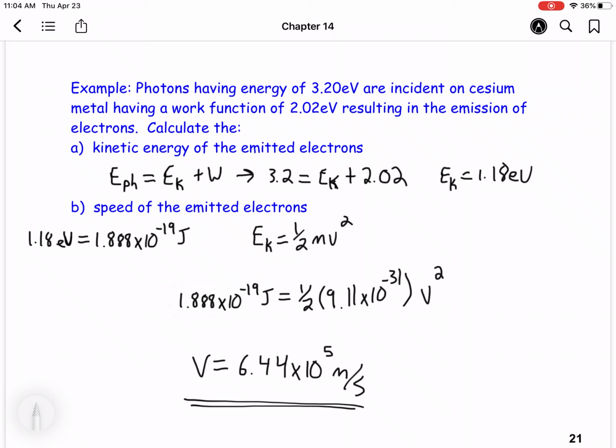So what we've done here is we know the work function, and we've decided how much energy these photons have because we're choosing the frequency of these photons. Then I can find the speed. Just from knowing the energy of the photons and the work function, I can actually find the speed of these electrons. So we're not introducing a lot of new formulas, but we're linking a lot of old formulas together.